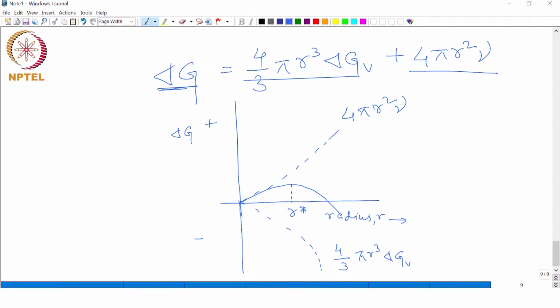So, the nucleus has to attain this critical radius, then only it is going to grow, right. So, since it happens at the maximum, this d delta G dr is 0.